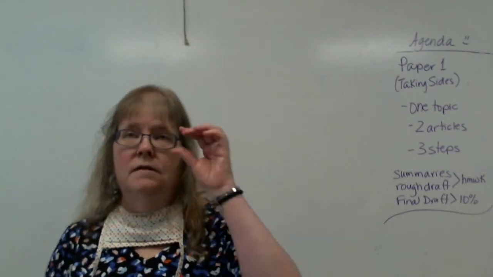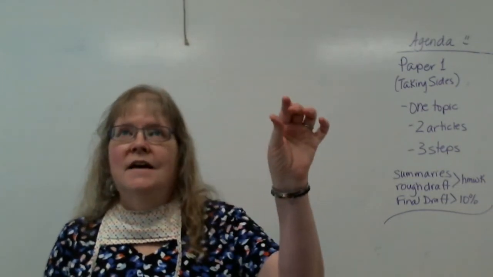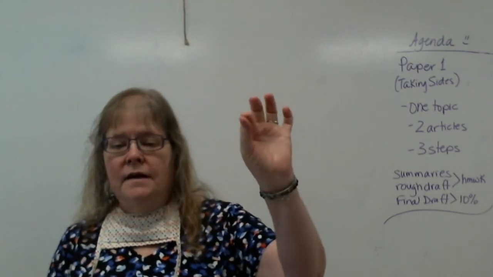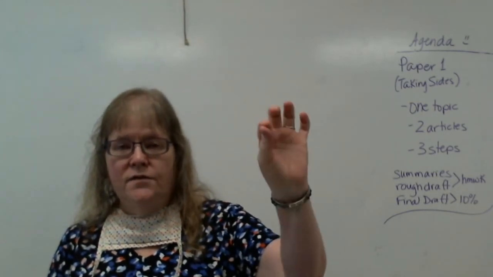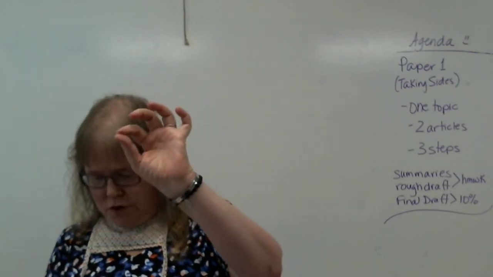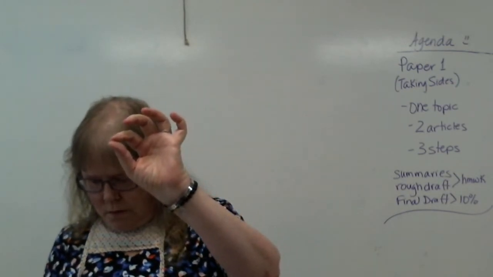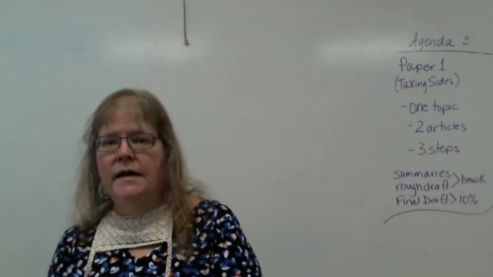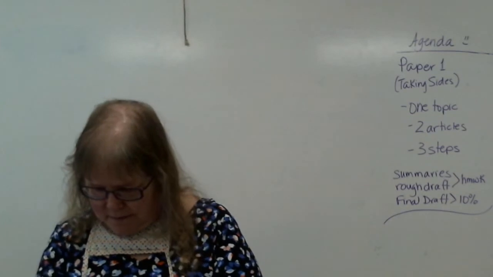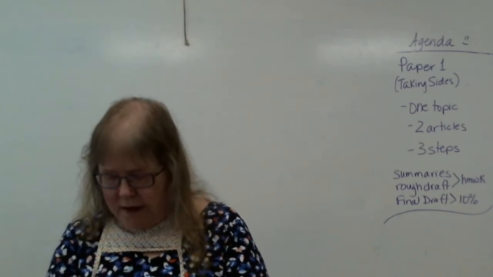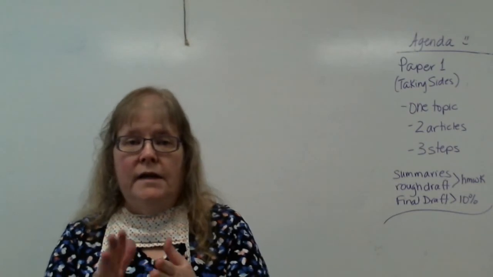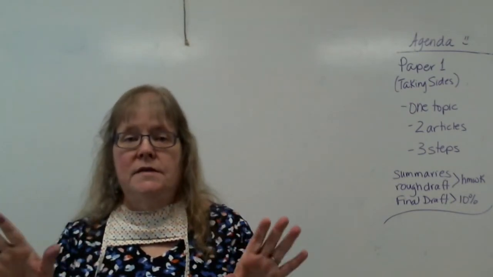On Blackboard, click on the side that is course information, okay, and then go down to the bottom to writing helps, and then in there, there's a writing rubric.